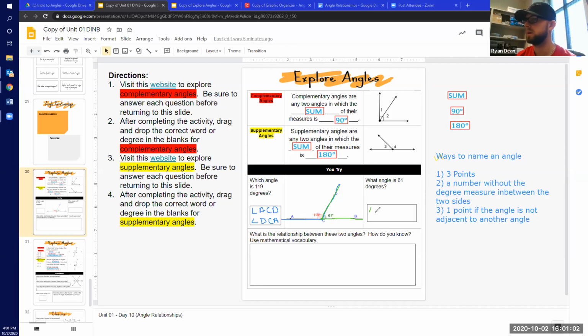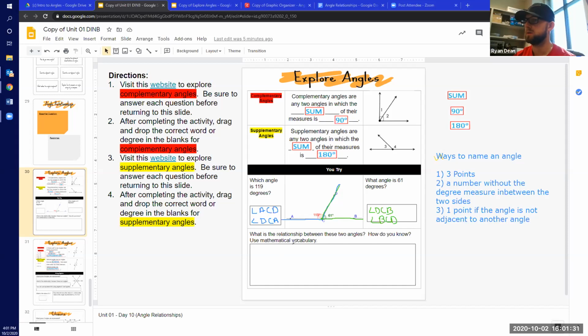Now D is going to be used again, right? C is also going to be used because these two angles share the same vertex. But this time I'm going to come over here to B, because B is the last point or the last direction that I need to go to make up this angle. So I have DCB, or I can go backwards and I can say B, C, and D.